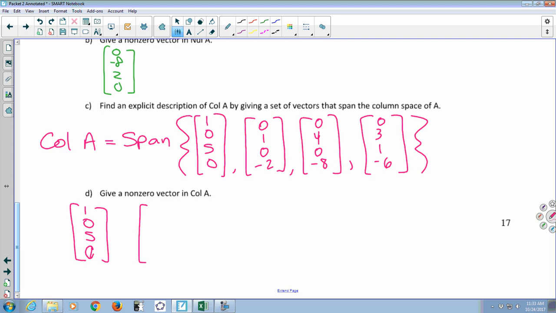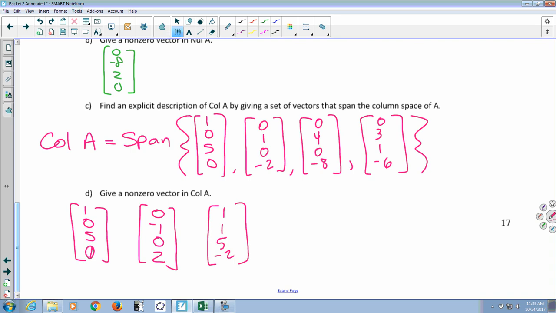Yes, thank you, just copied it wrong. Zero, -1, 0, 2. Where'd that come from? Second column multiplied by -1. Great. And I could add any two together. Like if I add the first two together, I would get 1, 1, 5, -2. That's 3. I only asked for 1.